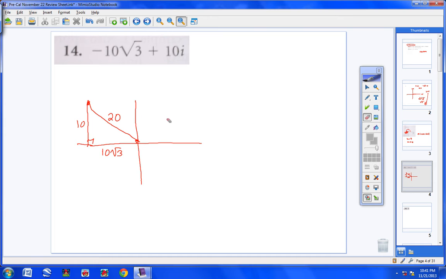Now, the next thing we're going to do is find this angle inside the triangle right here. So we're going to say the tangent of x equals opposite over adjacent. Our 10s would cancel, so we're left with the tangent of x equals 1 over square root of 3. And we all know by now 1 over square root of 3 is the same thing as the square root of 3 over 3.